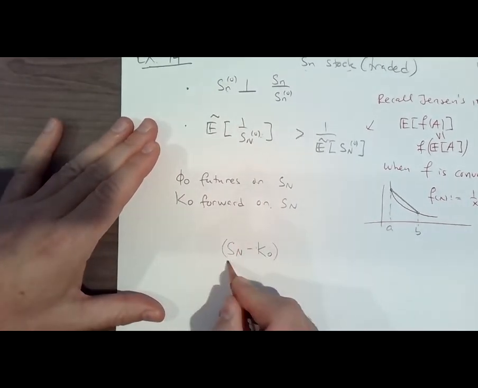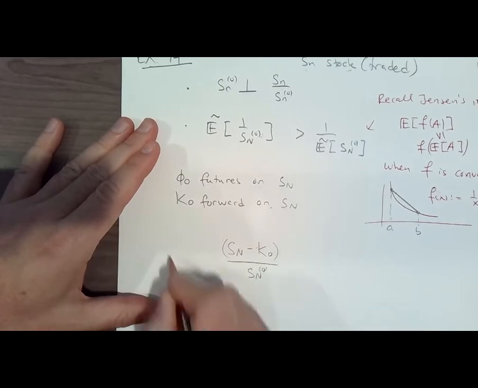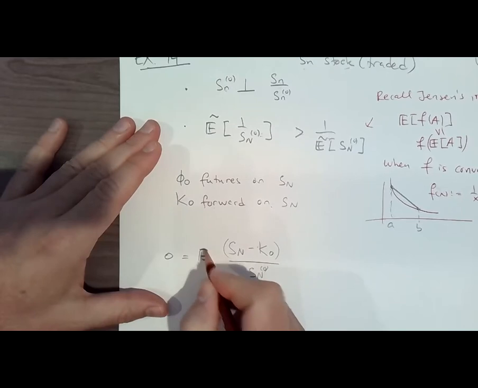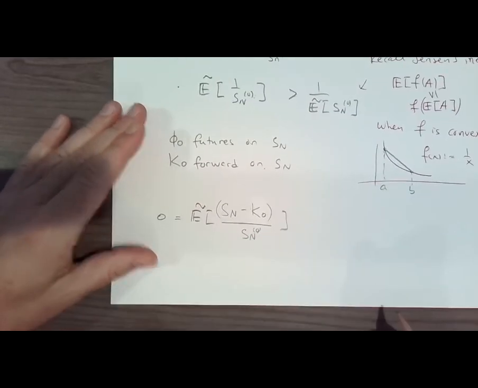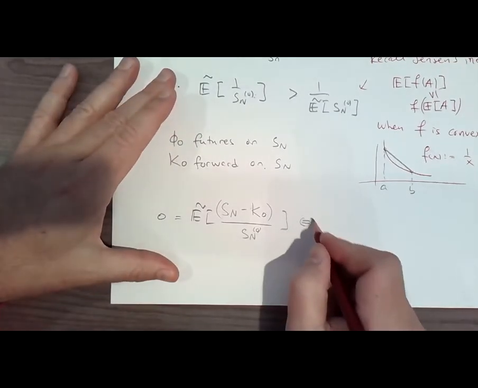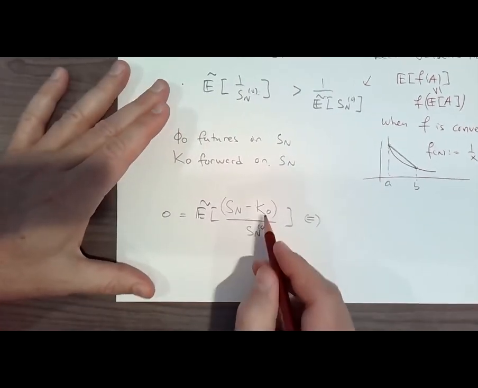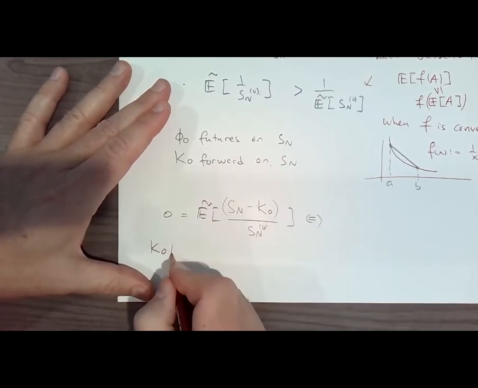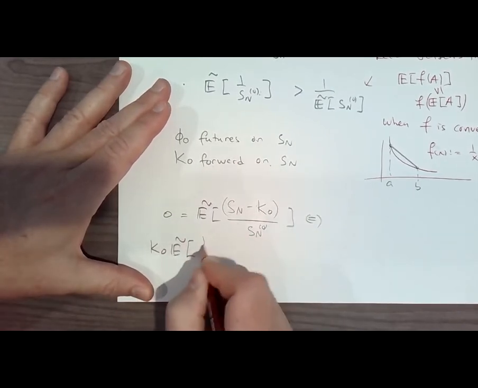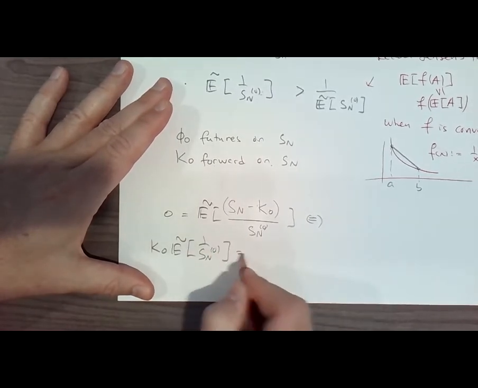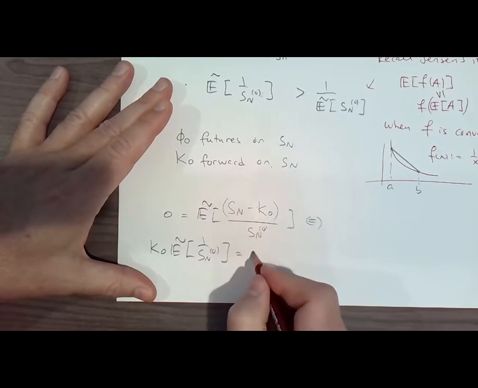And then we're going to discount by the bank. This forward price is solving this equation. That's a constant, and it's going to solve this equation here. So that's the same thing as saying K0 times the expectation of 1 over B_n is equal to the expectation of the discounted stock.